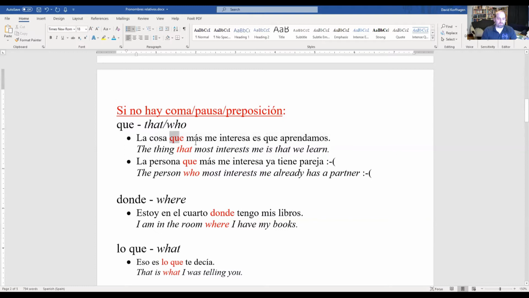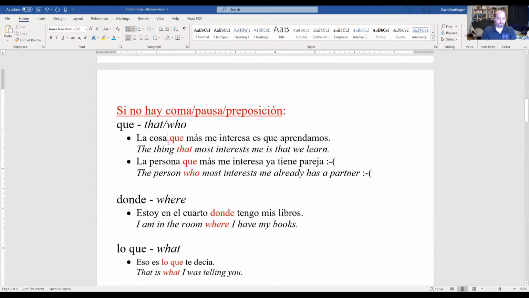But here I'm specifying the thing that most interests me. This is called restrictive, and we'll see that a little bit later. We have a whole bunch of possibilities, and I'm going to restrict it just to this specific case, the one that most interests me. So we don't have a need for a comma or a pause in those cases.